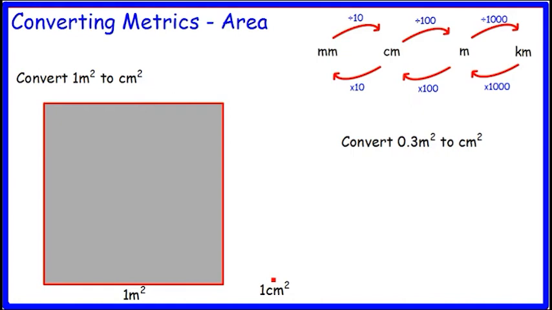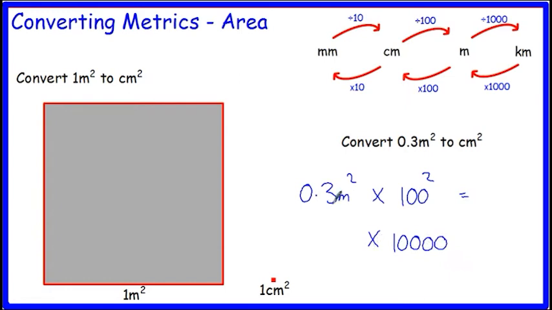Now 0.3 meters squared to centimeters squared. So again, it's going to be 0.3 meters squared times by, I'm getting from meters to centimeters, so it's going to be times by 100. But because I'm dealing with area, it is 100 squared, the same as 10,000. So 0.3 times 10,000.